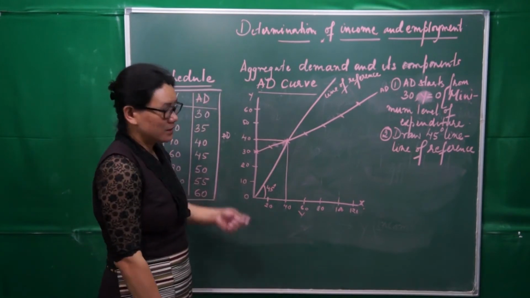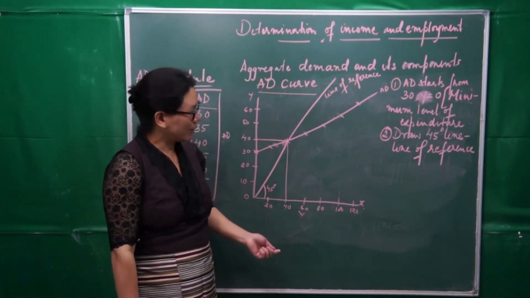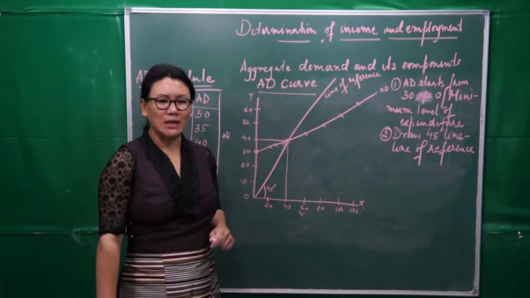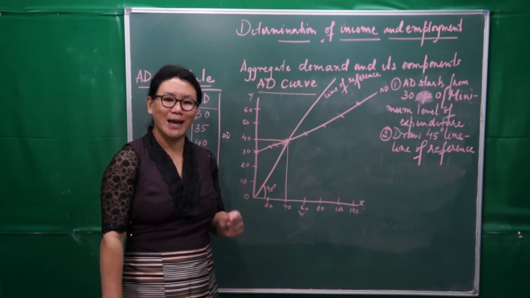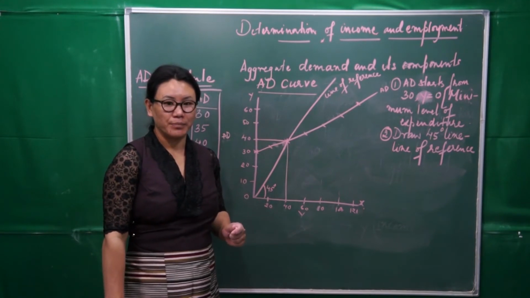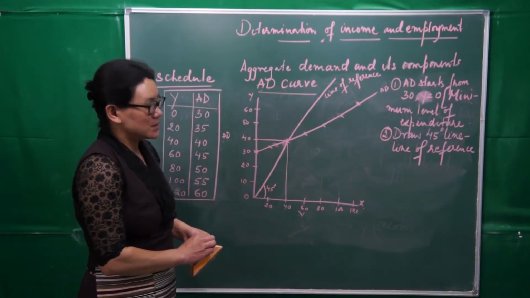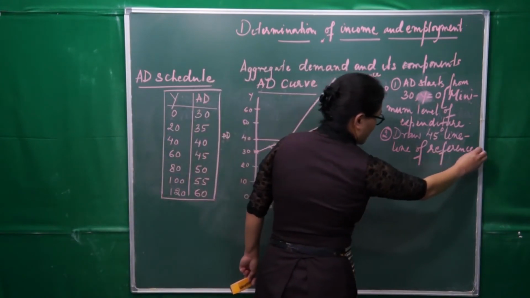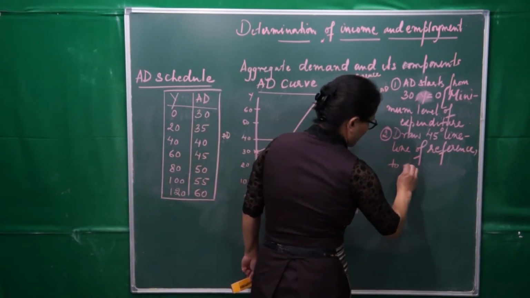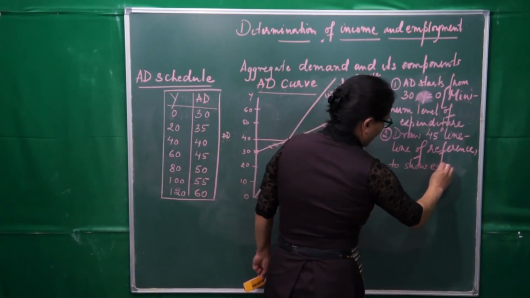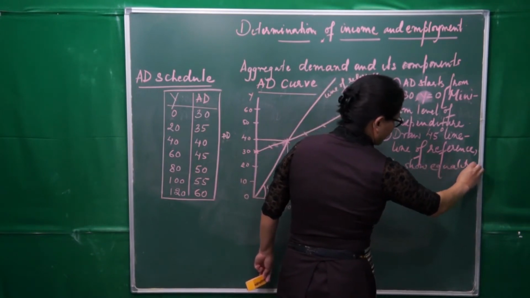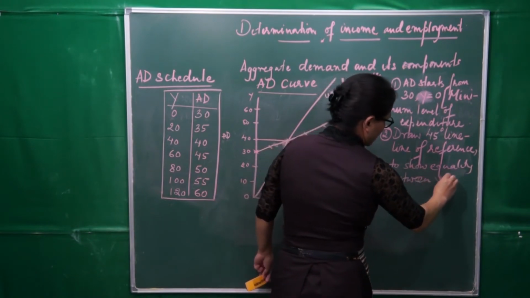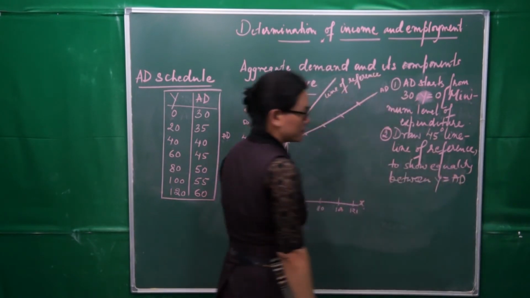Now, in this 45-degree line I have drawn, what is the significance of this 45-degree line? This is to show equality between y and AD.